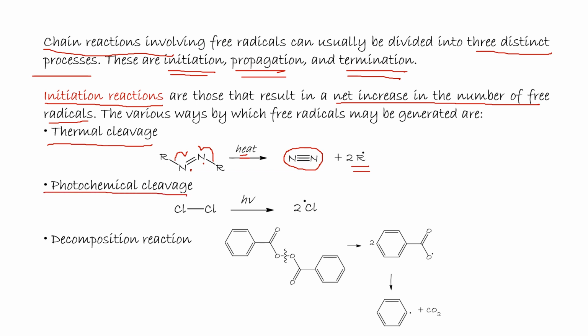Photochemical cleavage, like the one in halogens, chlorine, with light, homolytic cleavage to form 2Cl radical. Decomposition reaction, if you have benzoyl peroxide, you heat it up, form radical, followed by elimination of CO2 to form phenyl radical.